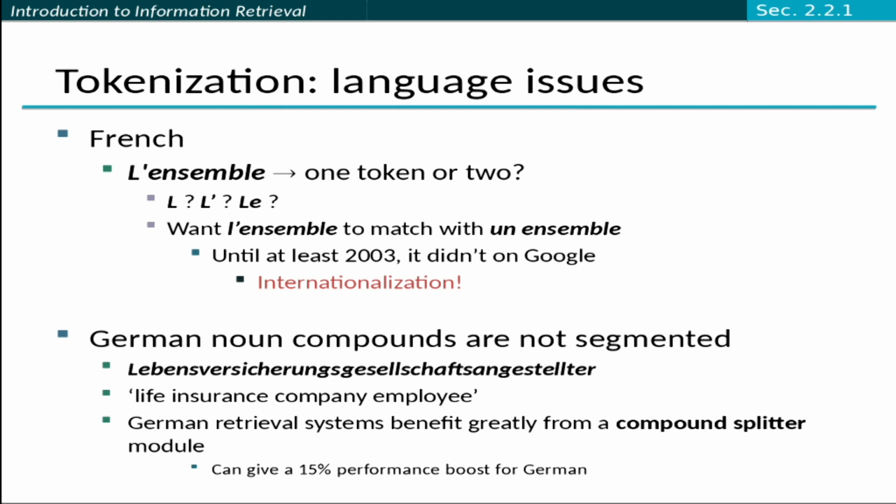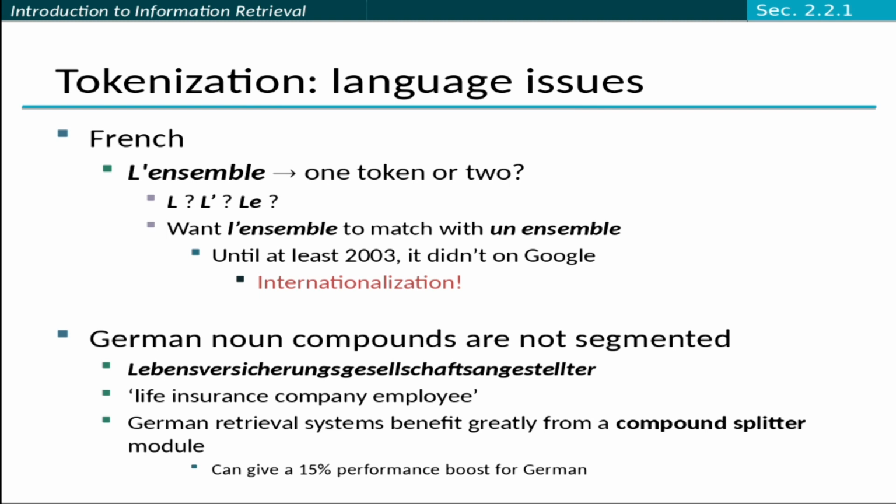Another example. In German, noun compounds are not segmented. Okay? So this is a perfectly okay German sentence. The translation is life insurance company employee.